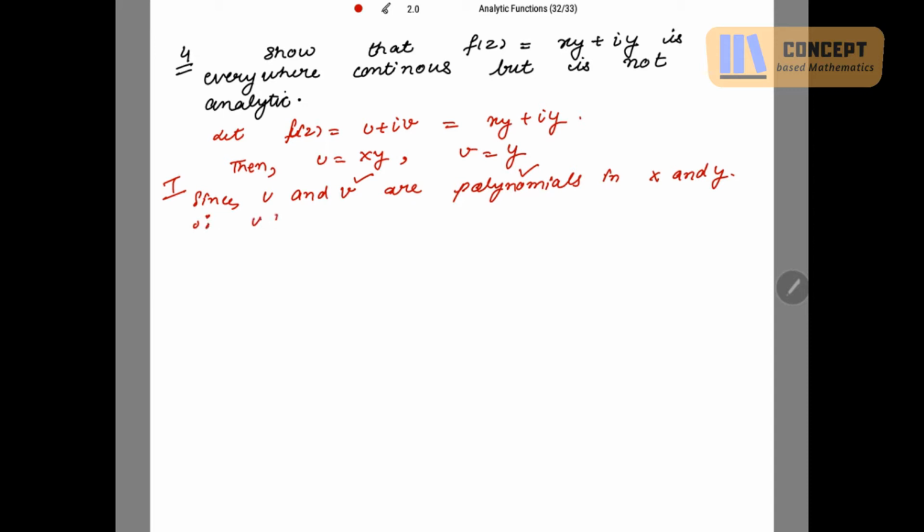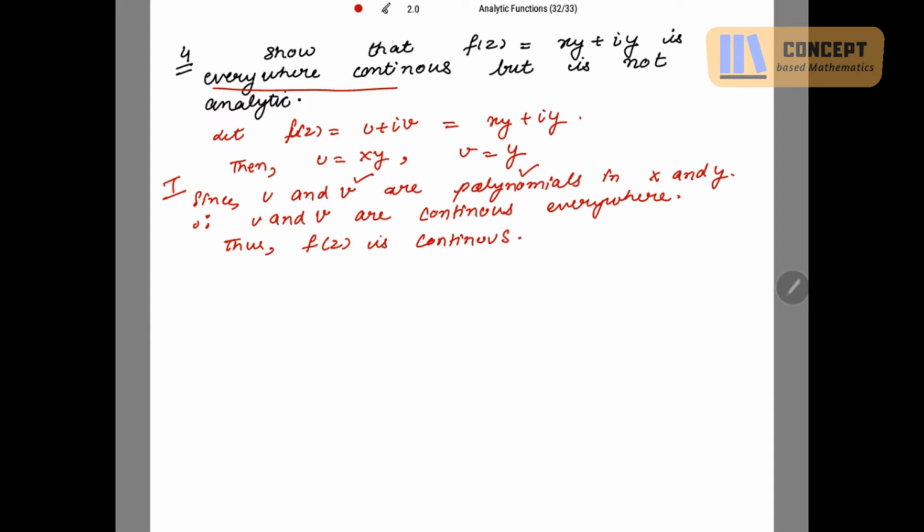Therefore u and v are continuous everywhere. Continuous everywhere फर्स्ट चीज़ हमारी प्रूव होगी. Thus f of z is continuous.